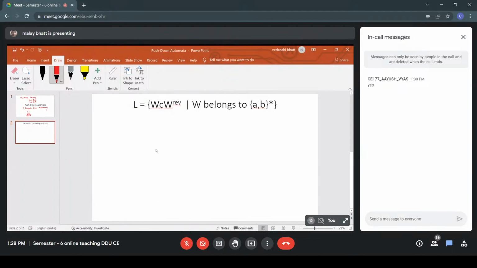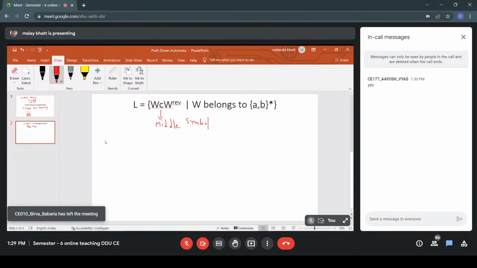Now for this language L, C is a middle symbol, and for this we have W C W reverse.